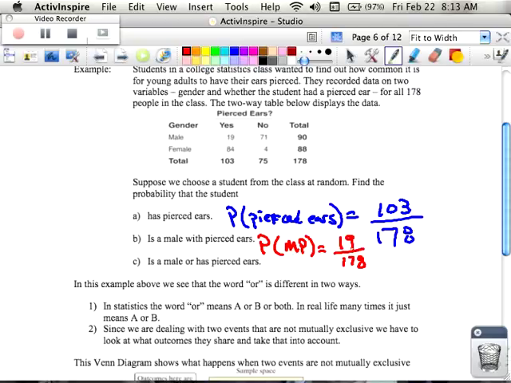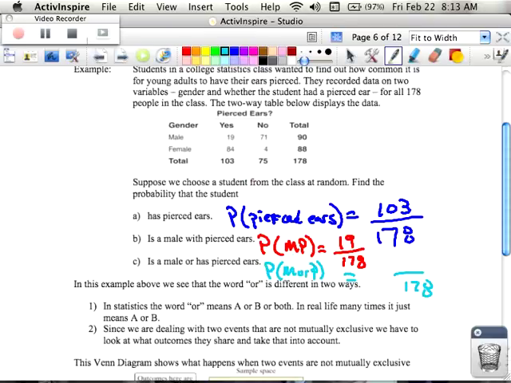And then you look for the probability that you have the male or pierced ears. And our sample space is still the 178. So now I want the male or the pierced. And so when I want male or pierced, all the males combined are 90, and the pierced are 103.